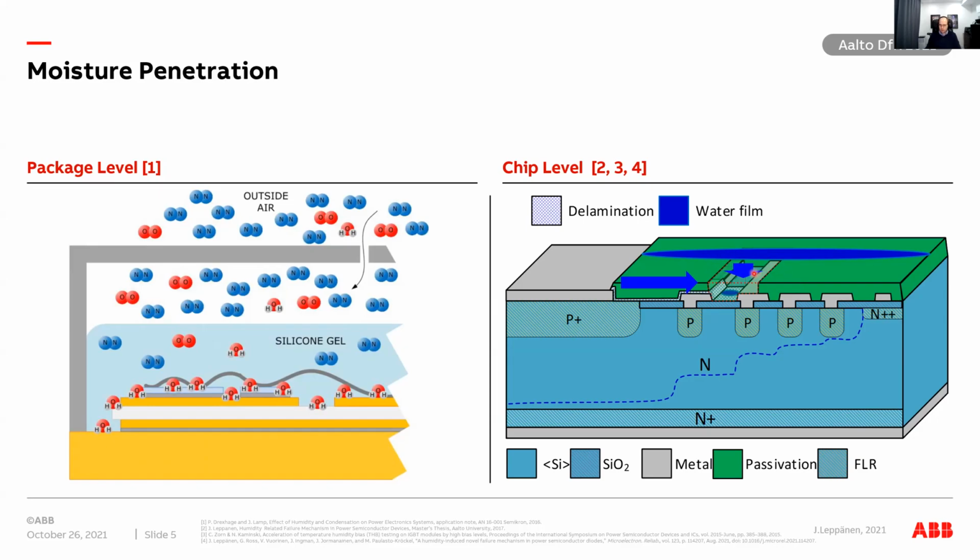But if it's a polymer type, which is very common today, then of course it's possible to eventually penetrate the passivation and get in contact with these metal guard rings, for example.